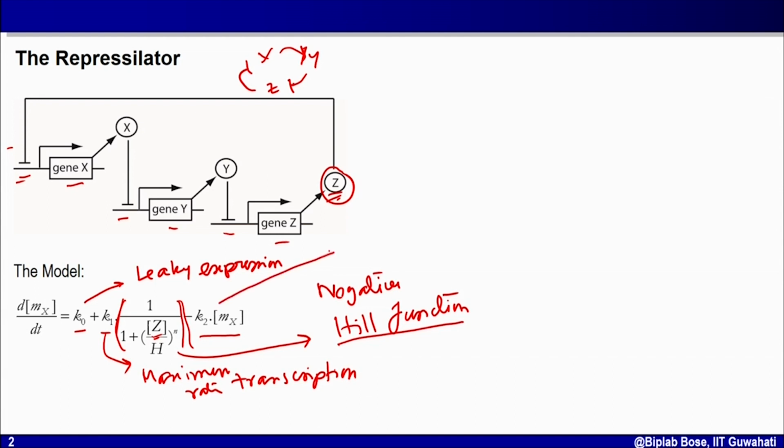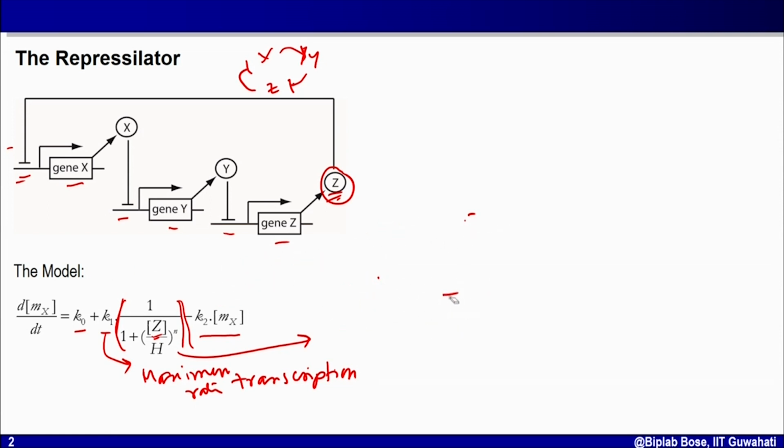This K2 into mx is nothing but the rate of degradation, that is first order degradation. K2 is the rate constant for degradation and it is multiplied with the concentration of mRNA. So that's all for my ODE for mRNA of X. Let me clear it up so that we can write the ODE for the protein.